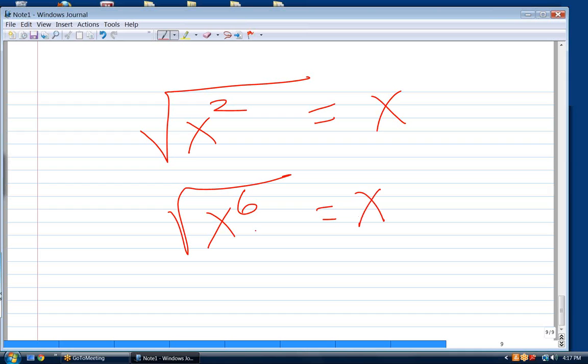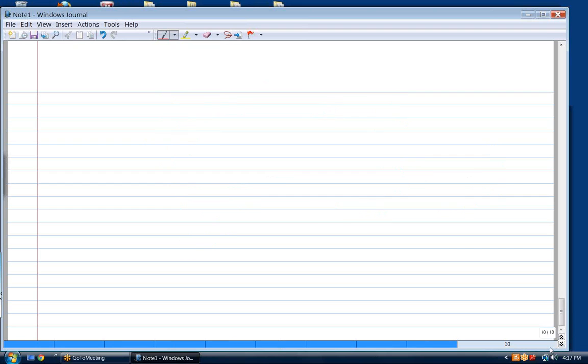That's correct, because notice that there's the invisible 2 there. So this is the same as x to the 6th over 2, which is the same as x to the 3rd. So when you're dealing with fractions as an exponent, you can still simplify them? Yes, even if there are variables.